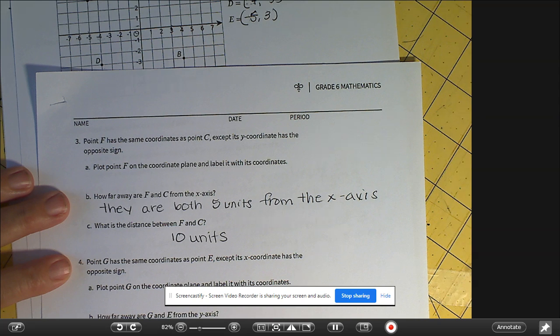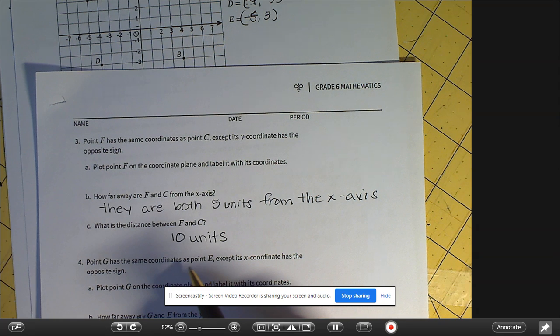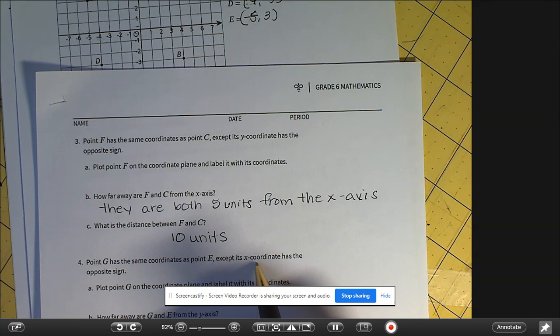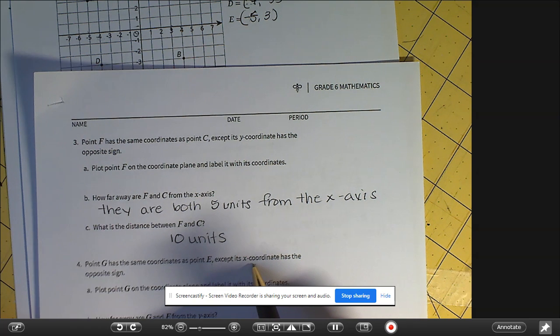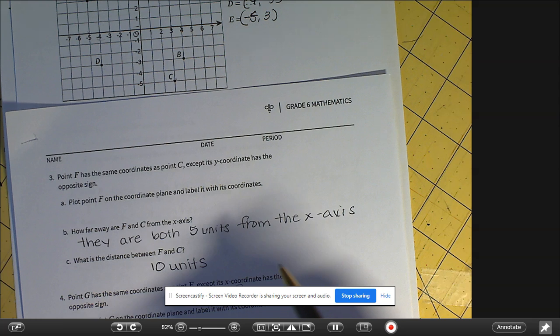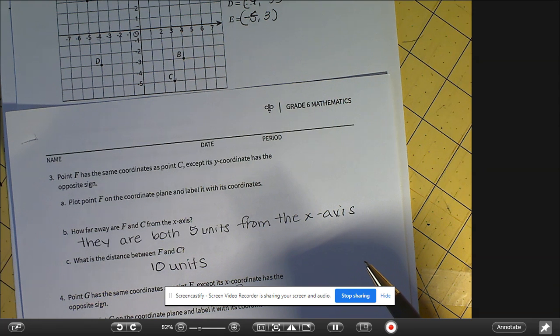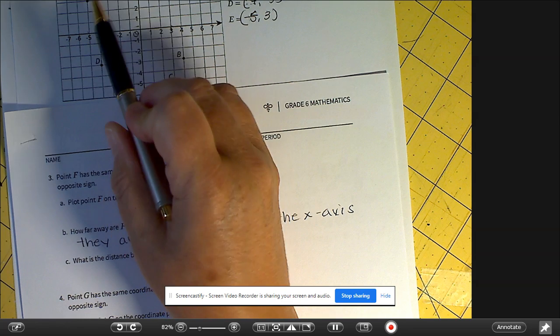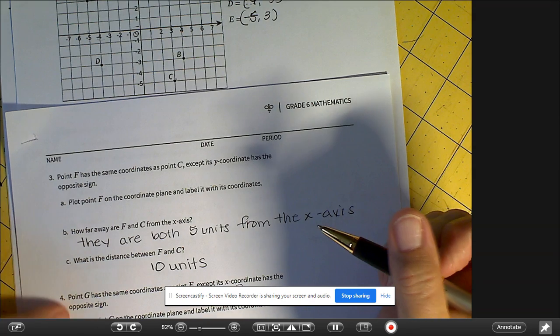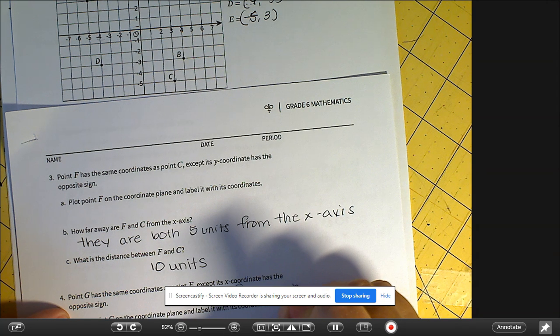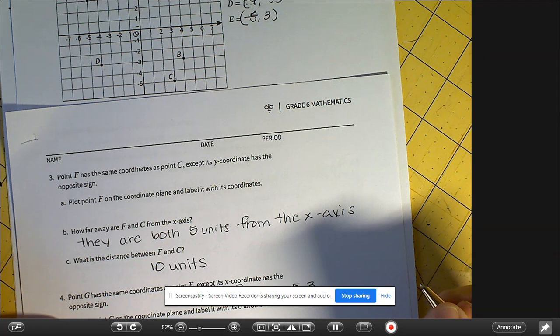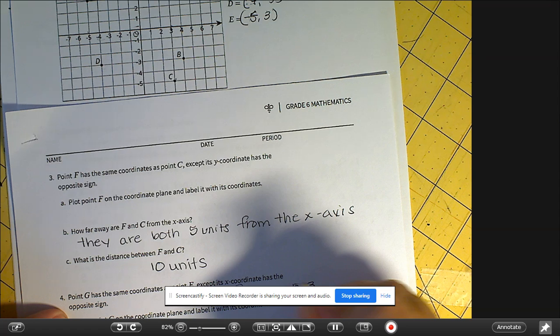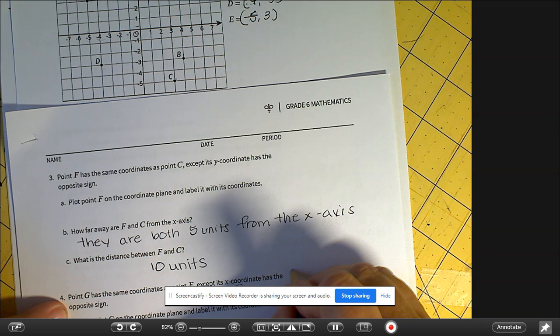Okay, and then point G has the same coordinates as point E, except its x coordinate has the opposite sign. So E is negative 5 and 3. If E is negative 5 and 3, G is going to have a positive 5. G would be positive 5 and 3.